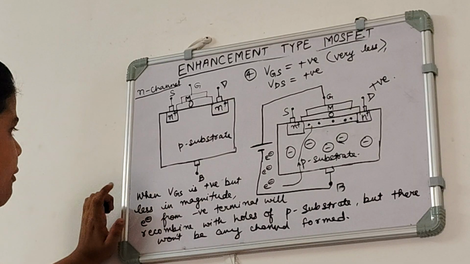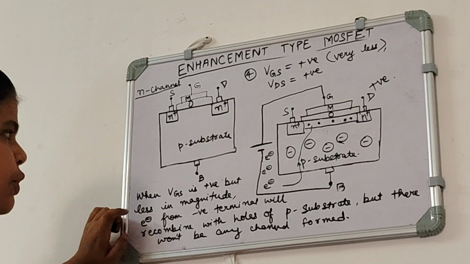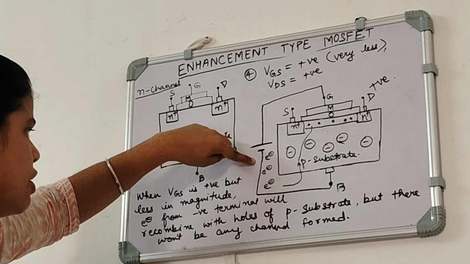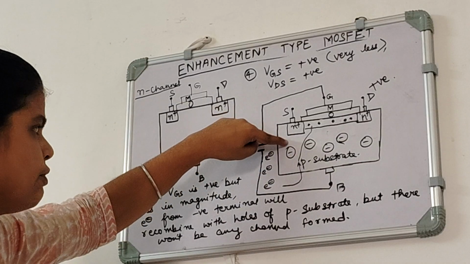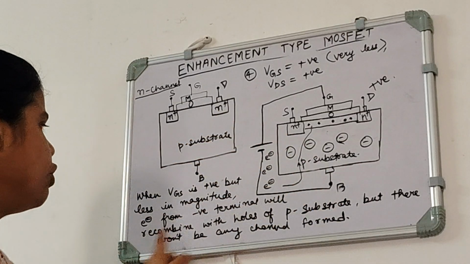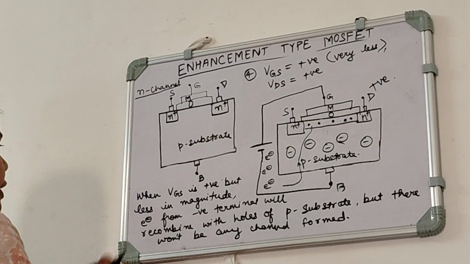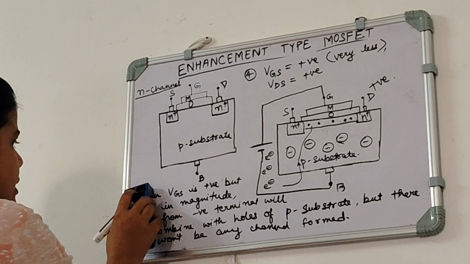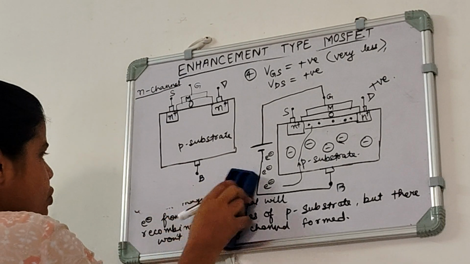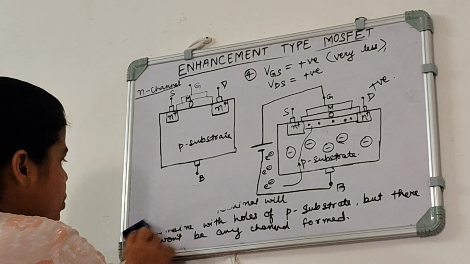So here we can see that when VGS is positive but less in magnitude, electrons from negative terminal will recombine with the holes of the P substrate, but there won't be any channel formed. And when we increase this VGS, we can write that here also.